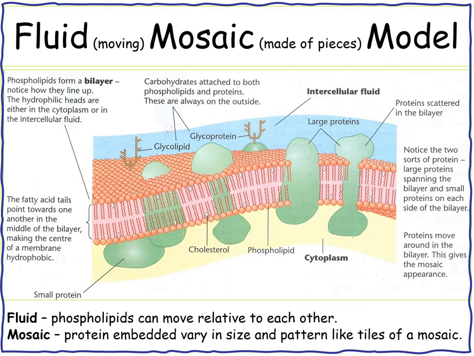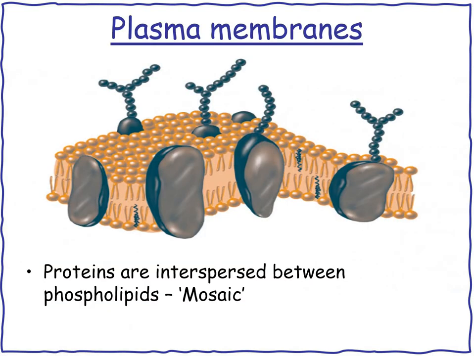Proteins move around in the bilayer, which gives the mosaic appearance. So here you've got phospholipids, and then every so often you've got cholesterol. So fluid is from the fact that the phospholipids can move relative to each other, and the mosaic is that proteins are embedded and they vary in size and pattern like the tiles of a mosaic.